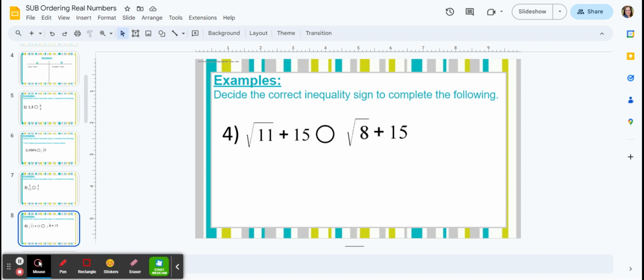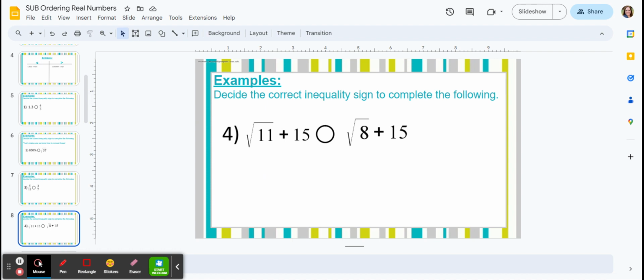Okay. Now we have some addition with our square roots. We have the square root of 11. Now you need to use your side arrow keys, or just tap over to the right, which is what I did.